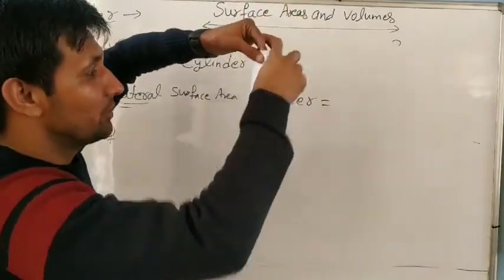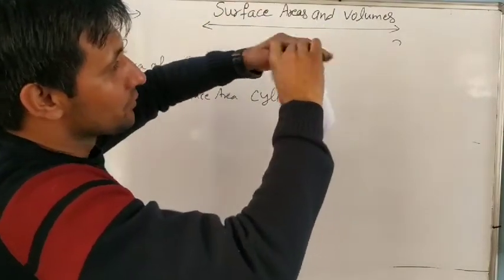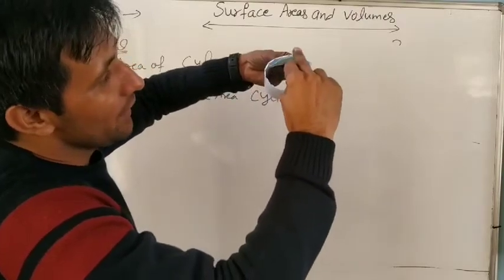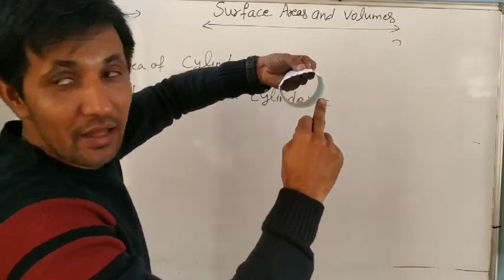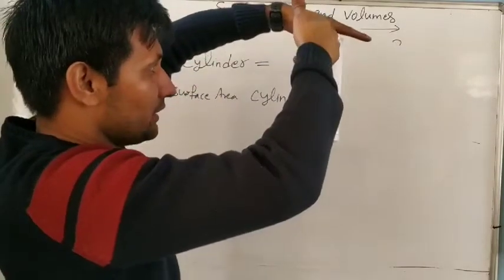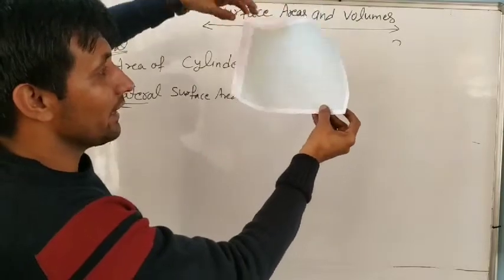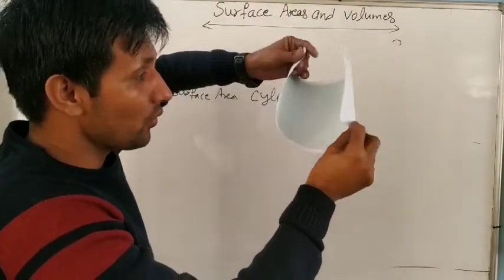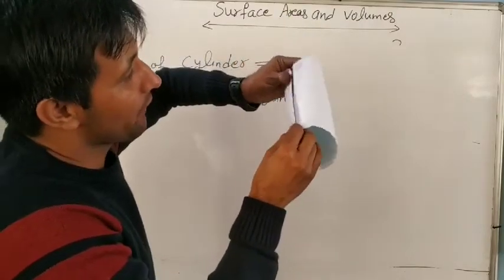This one is the circumference of a circle, and when we cut with scissors, this page becomes a rectangle.